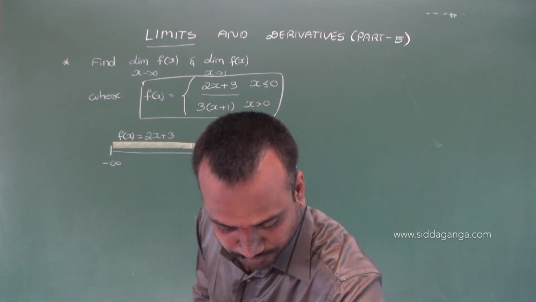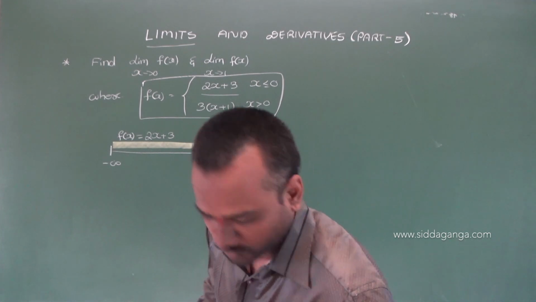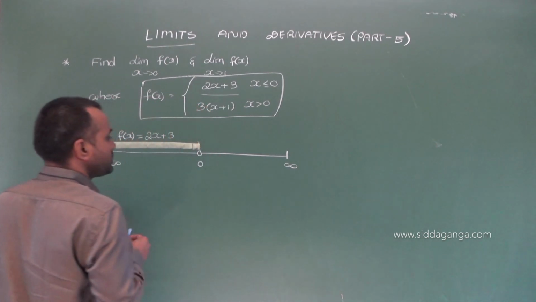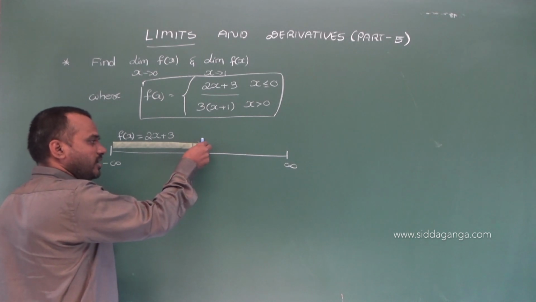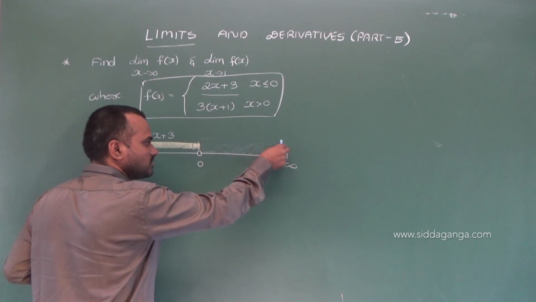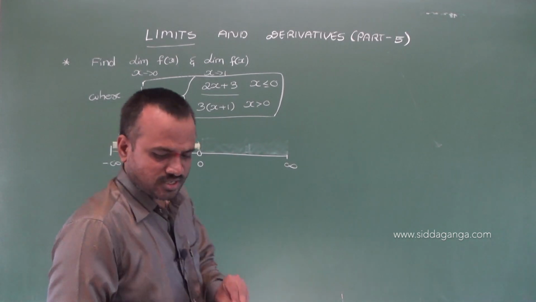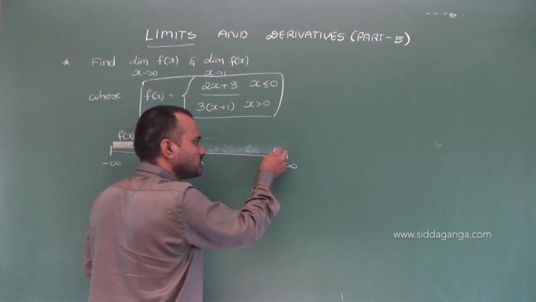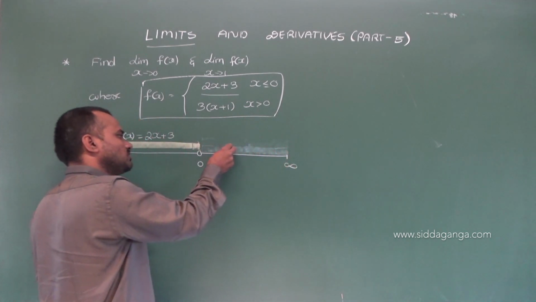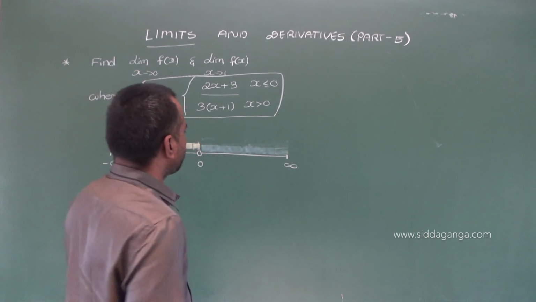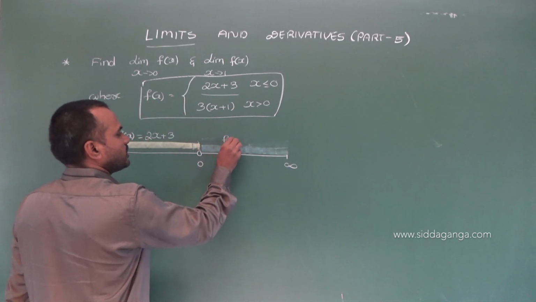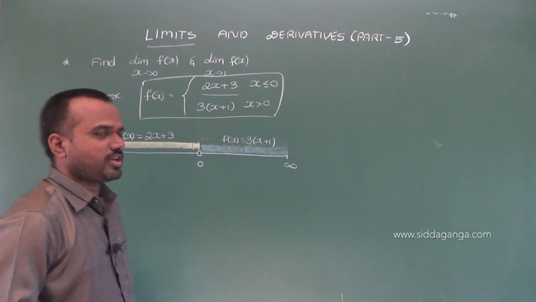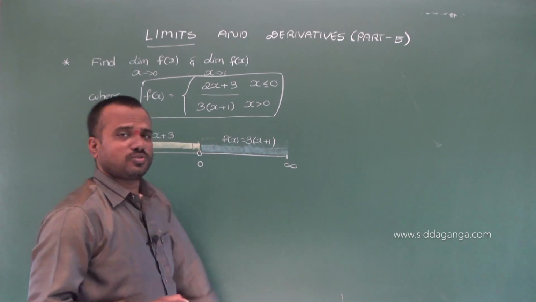Next, one more. Use the function 3 into x plus 1 when x is greater than 0. So f of x is equal to 3 into x plus 1 when x is greater than 0.